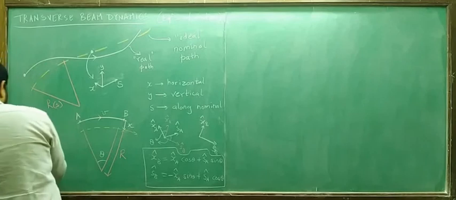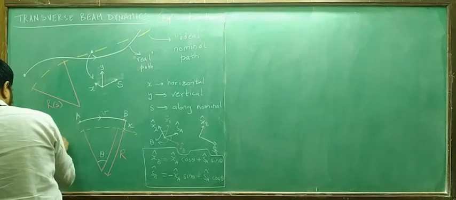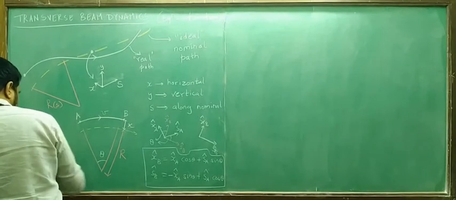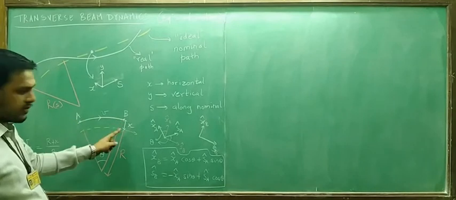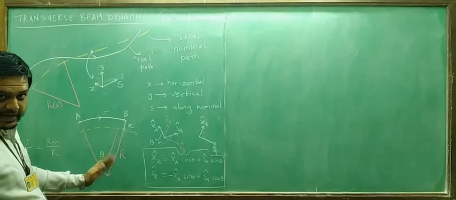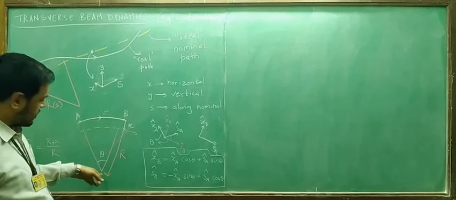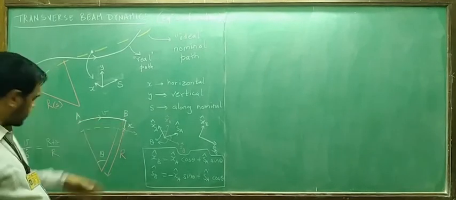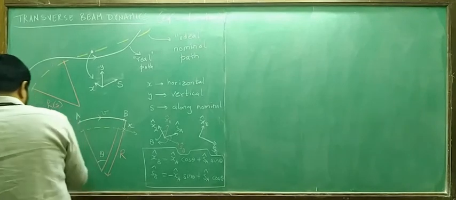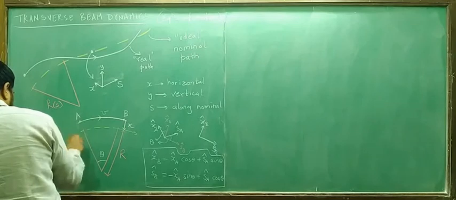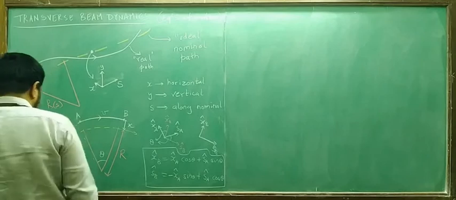Then by just comparing the angles, this will be just r plus x divided by r. Basically, you are saying that the time taken to complete this arc divided by the time taken to complete this arc at a constant angular speed is nothing but the ratio of the length of the arm from the center of curvature up to this point and up to this point. That is exactly what we have written over here, which, if you simplify, is just 1 plus x by r. We will be needing this as well at some stage.